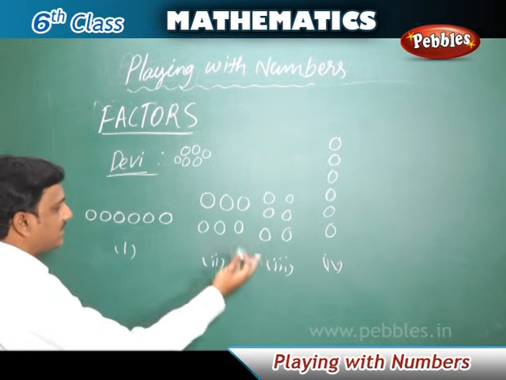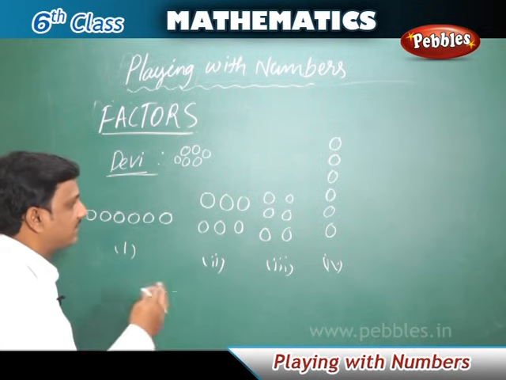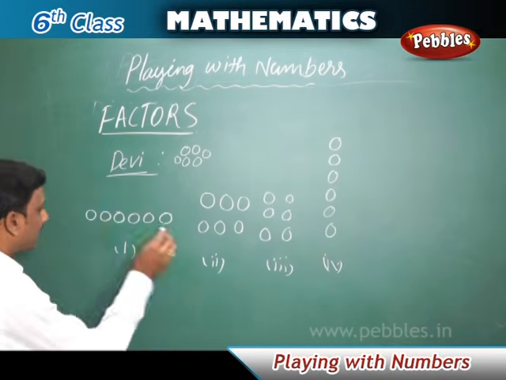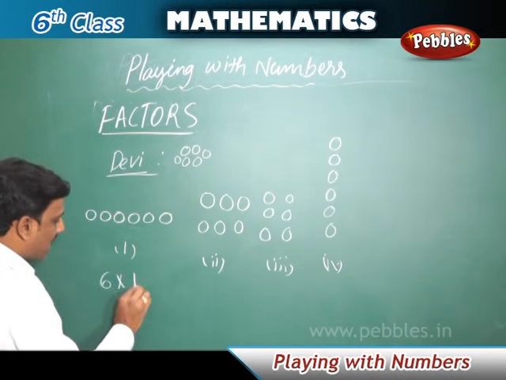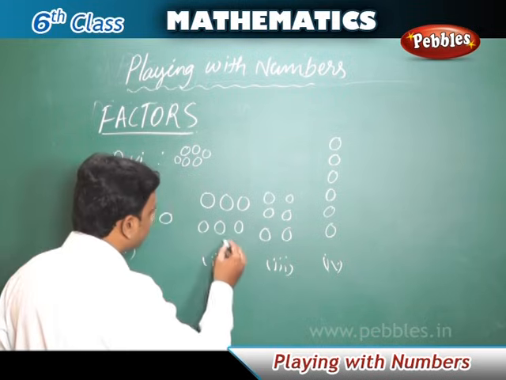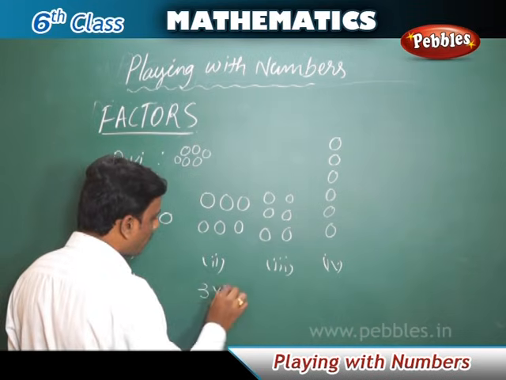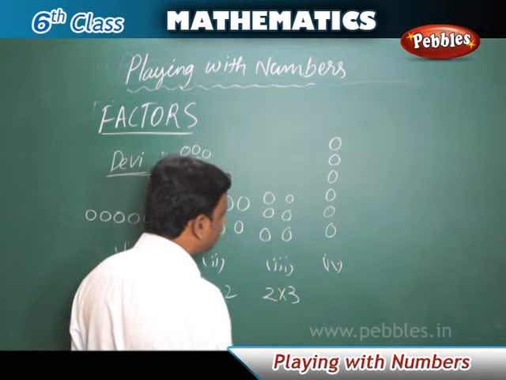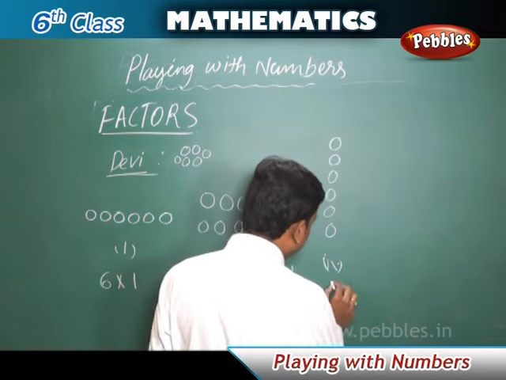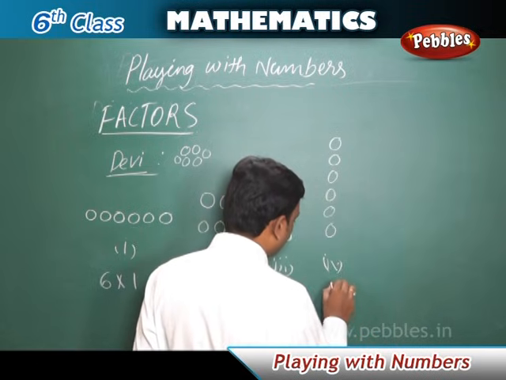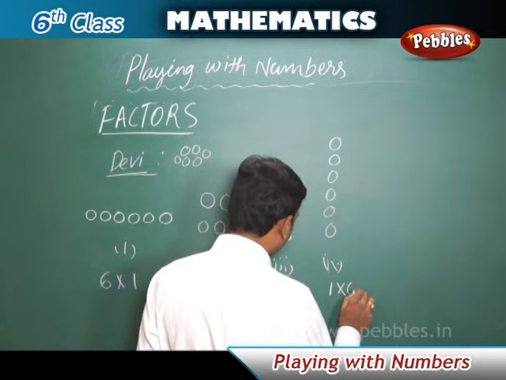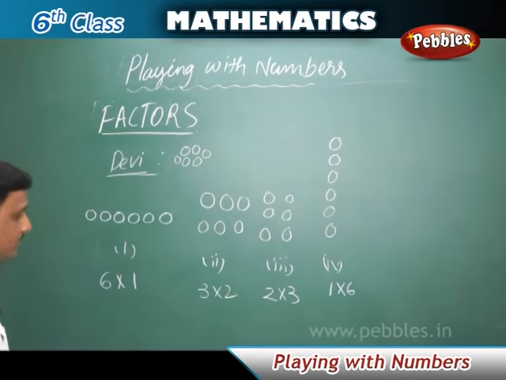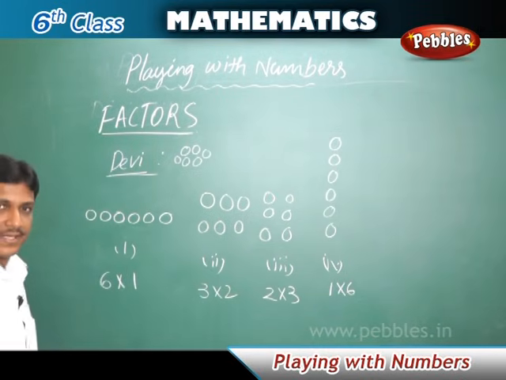The number is same, 6, but the arrangement pattern is different. Here 6 columns and 1 each. Here 3 columns, 2 in each column. Here 2 columns, 3 in each column, and here 6 coins in 1 column. 1 into 6. So this is the arrangement.